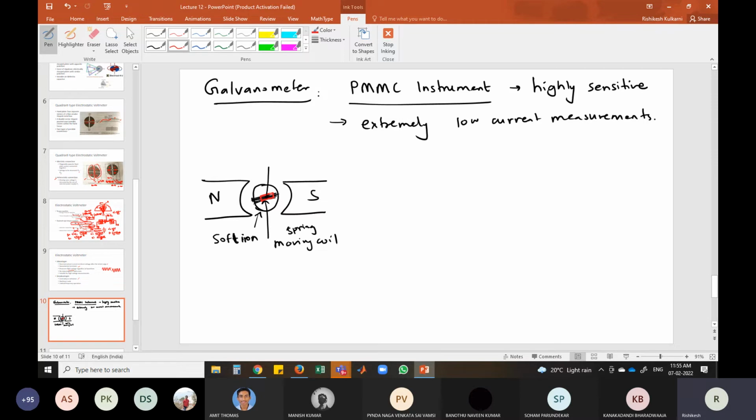What you need to do is put a light beam, it can be a laser or any light beam, and this beam will get deflected depending on the deflection of the mirror. And since the mirror is connected to the rotating coil, that will deflect the light beam on a calibrated scale.